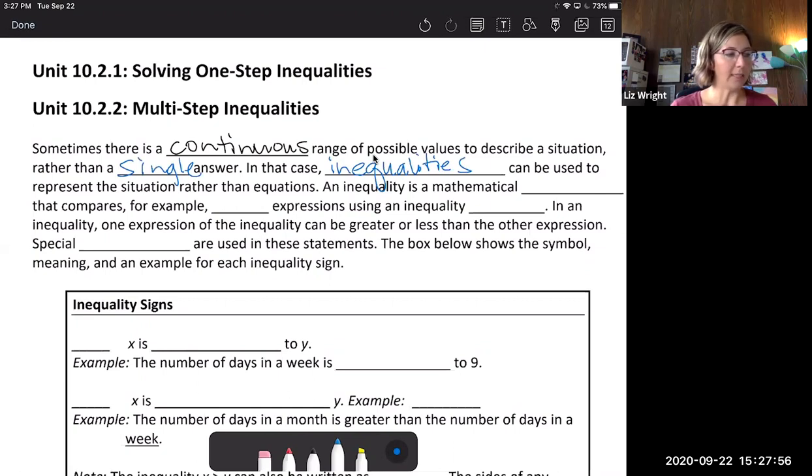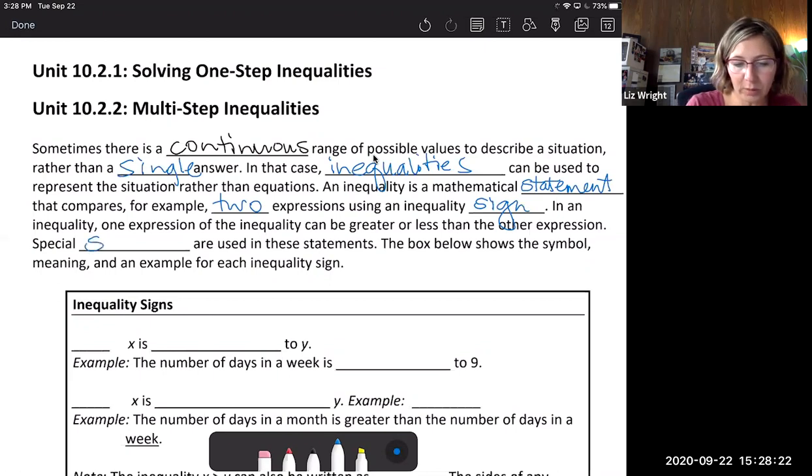An inequality is a mathematical statement that compares, for example, two expressions using an inequality sign. In an inequality, one expression can be greater or less than the other expression.